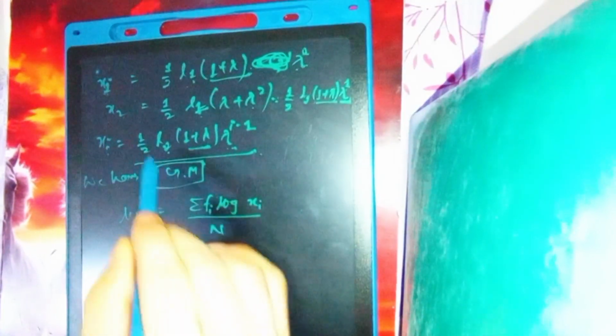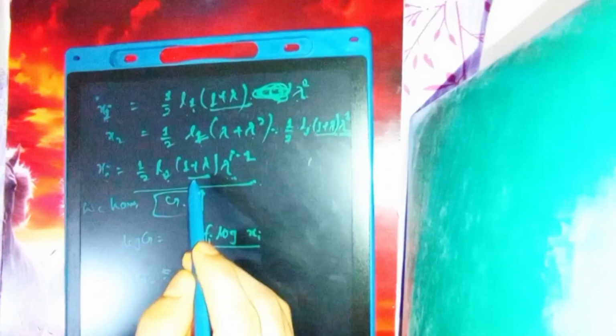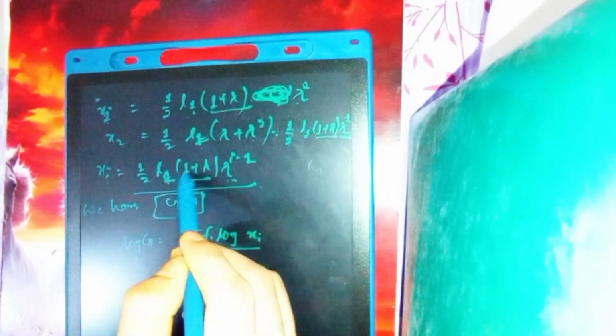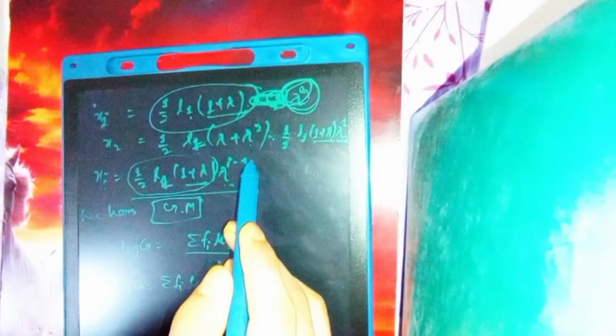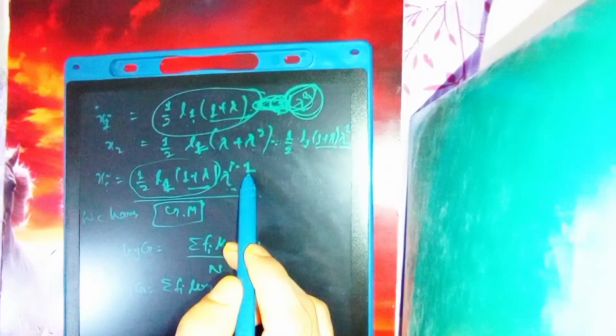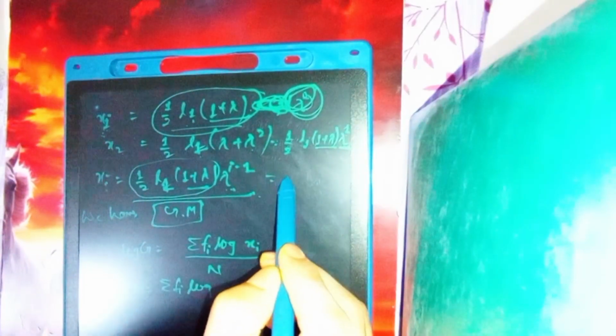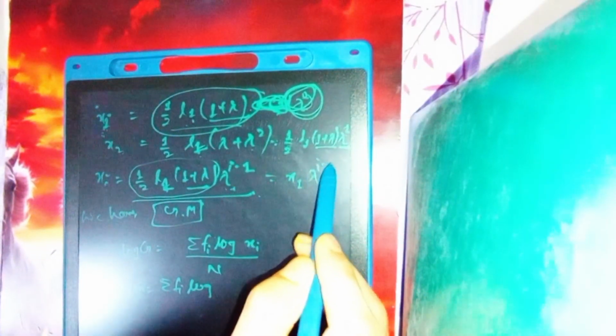What is the value of xi? Xi here, what we got is this, okay? But remember the thing here, there is 1 by 2 L1 1 plus lambda, and this is what it is here, okay? So we can add this lambda power 0, taking it for understanding, what we can get here is x1. So we can write x1 and lambda I minus 1.